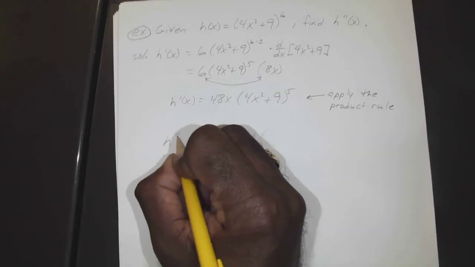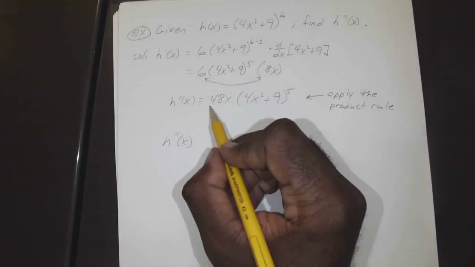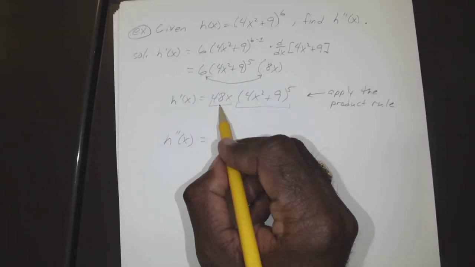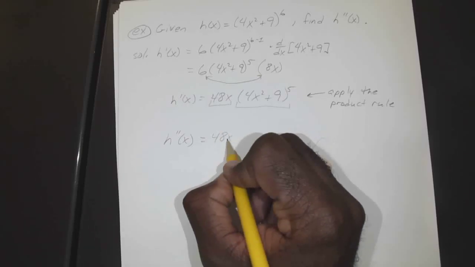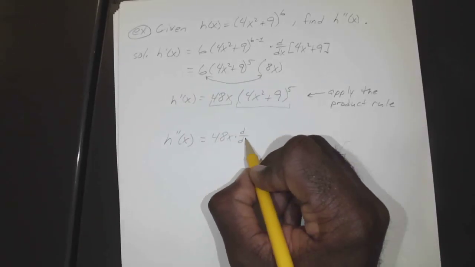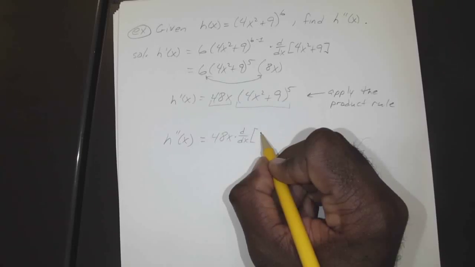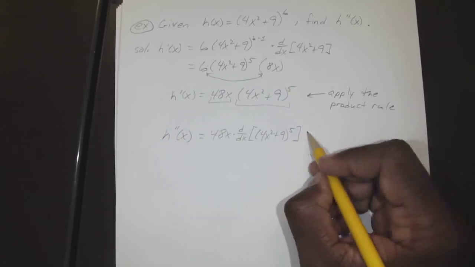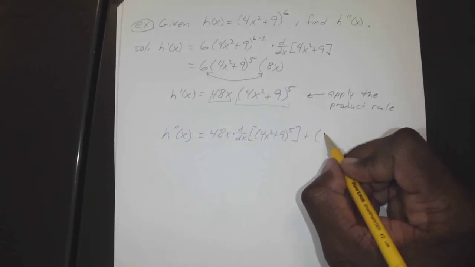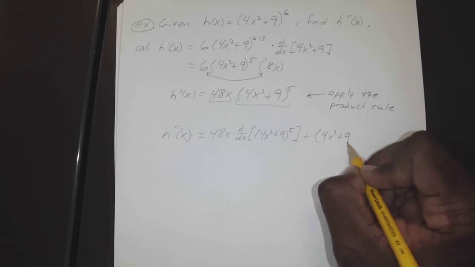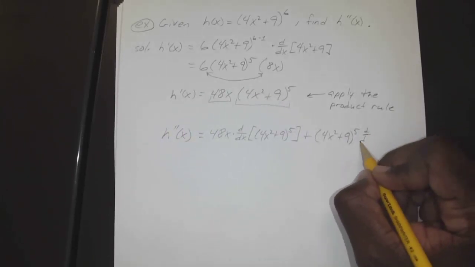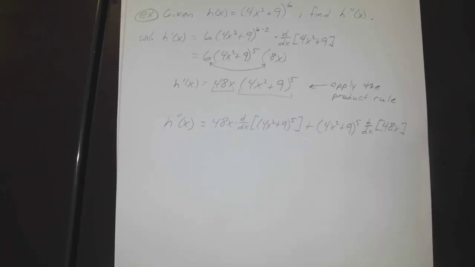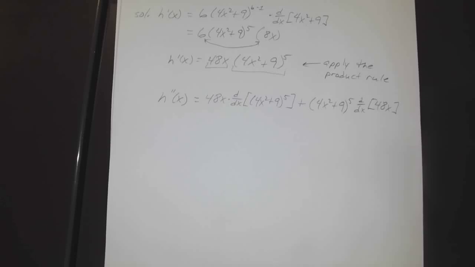So that means your second derivative, this is your first and that's your second. Your first times the derivative of your second plus the second times the derivative of the first. Okay.